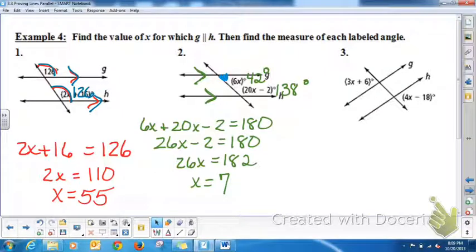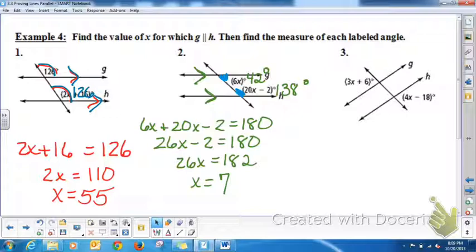And then its consecutive interior angle, or same-side interior angle, must equal 180 when you add them together. So it would be 138. So 20 times 7 is 140, minus 2 is 138. If you substituted in the value and you didn't get the correct answer, then you would know you made an arithmetic mistake along the way.